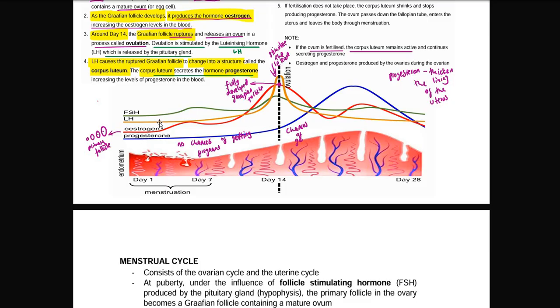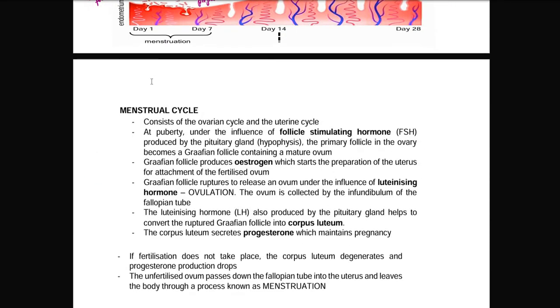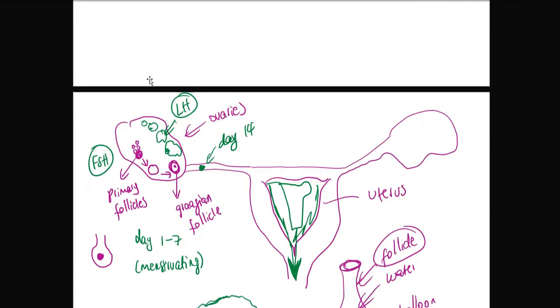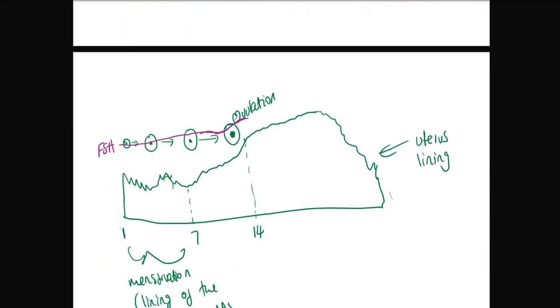What produces estrogen? Remember, it is the follicles, right? Estrogen, remember we said it is produced as the graafian follicle develops. So by having this graafian follicle, we're going to have progesterone increasing, and then it's going to increase like this.